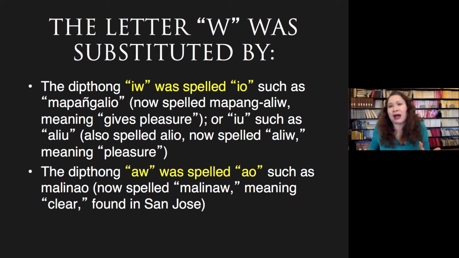And you're thinking, what does bacquin mean? Well, it's what is now called bakit, right? And mapangalio is now called mapangaliw. So, it now helps you understand or read texts written during the Spanish colonial period.